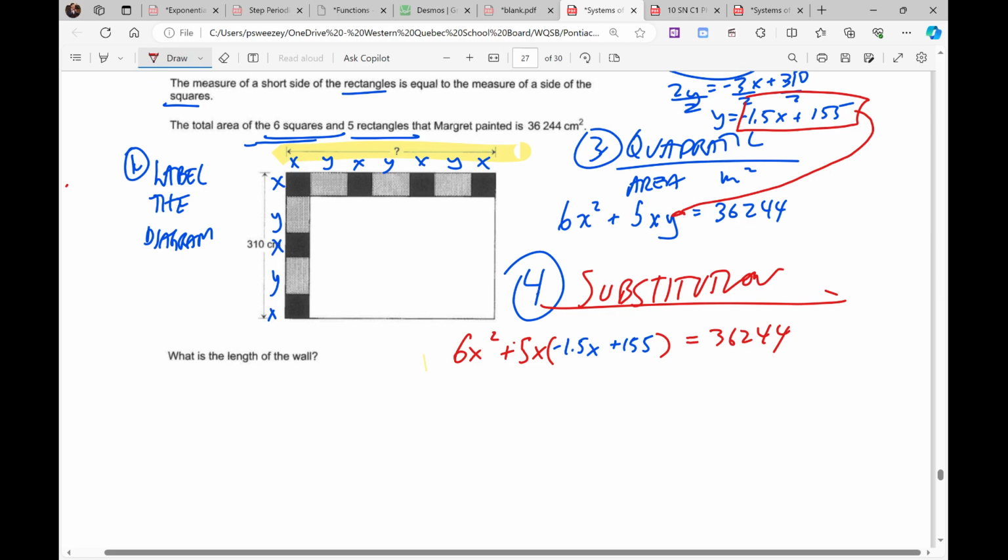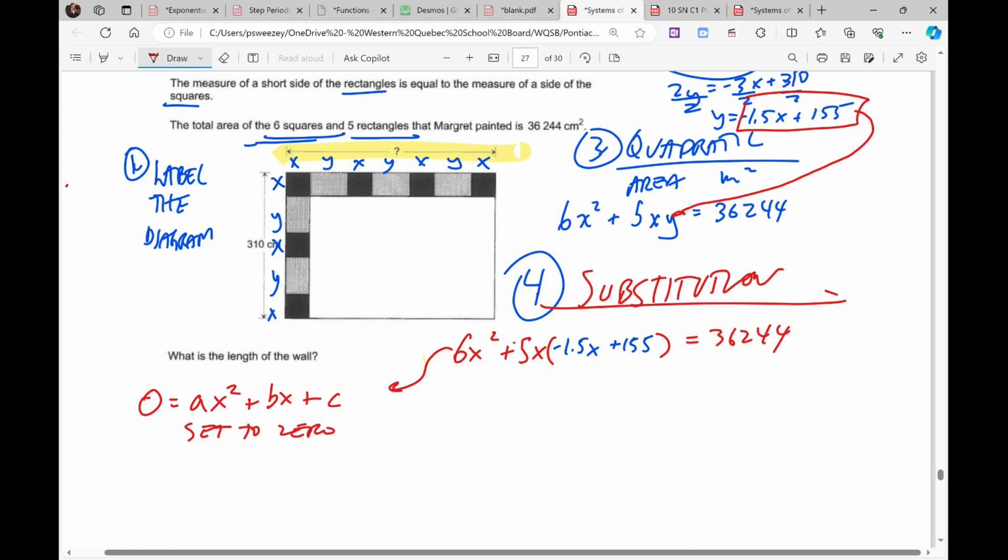Really, we're just trying to now expand and solve and find our ax squared plus bx plus c. So we're trying to turn that into 0 is equal to ax squared plus bx plus c. Your goal is to set to 0. Doesn't matter what side.